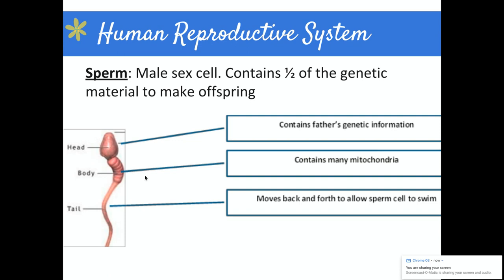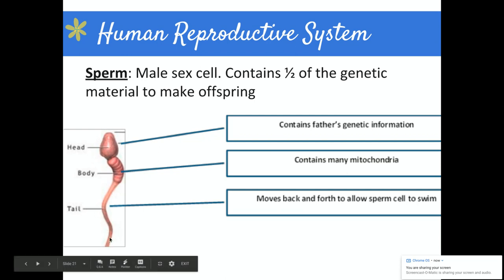The body of the sperm has a lot of mitochondria in it. If you remember from cells, the mitochondria is what makes energy. Sperm need a lot of energy because this tail has to swish back and forth as it swims through the female's reproductive system to find an egg.